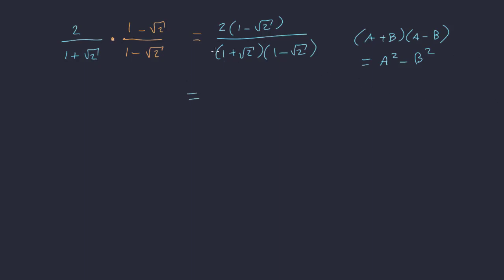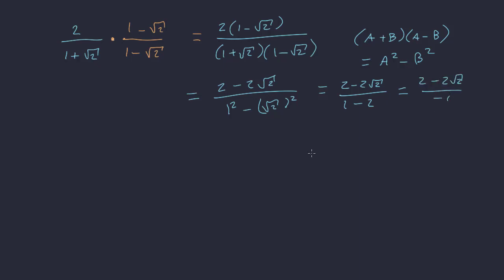So this is going to come out to be 2 minus 2 square root 2 all over 1 squared minus the square root of 2 squared. So we'll get 1 minus 2 in the denominator. All right, so it'll be 2 minus 2 square root 2 all over negative 1, or negative 2 plus 2 root 2.